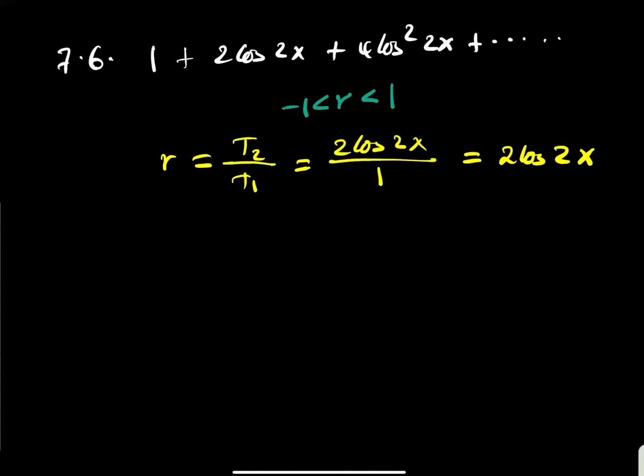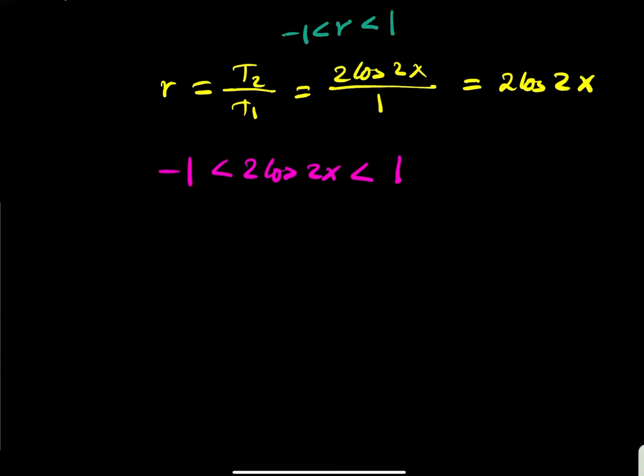So we are now going to say, well, this series will converge if -1 is less than 2 cos of 2x, which is less than 1. So this series will converge if your r is in between -1 and 1, and your r is this one. And then you divide everything by 2, just to make general sense there.